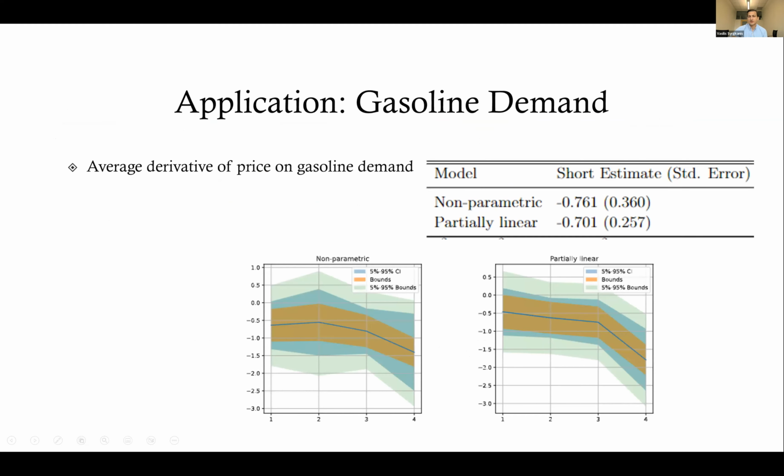And the nice thing with this generalization to any moment restriction is that you can also take it to continuous treatments and estimate average marginal effects, which was not possible with the plugin approaches that were before, that solely focused on the binary treatment case. Here, for instance, we applied it to a public data set on gasoline demand, and we get reasonable results.